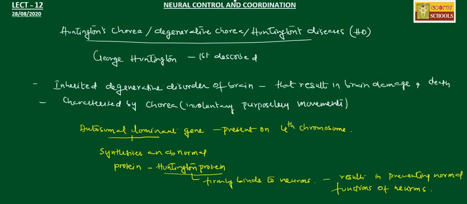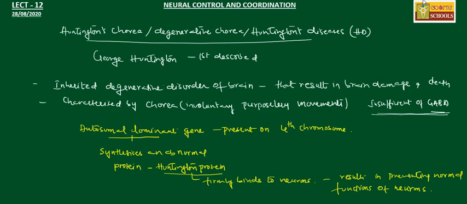And then there is insufficiency of GABA. There will be less or insufficient production of gamma amino butyric acid, which is a neurotransmitter, and it is seen in Huntington's chorea.